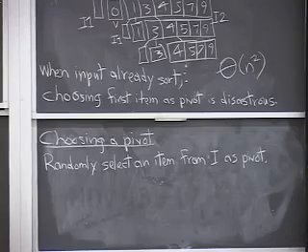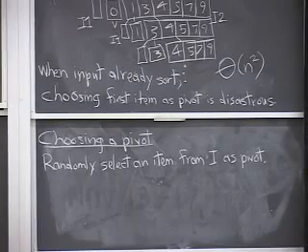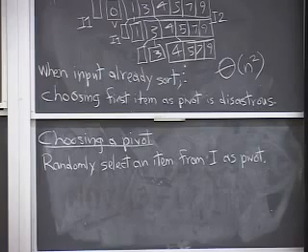If you have some idea about what you suspect the list will look like, or the distribution, could you then choose a pivot based on that? If you know something about your array, then yeah.